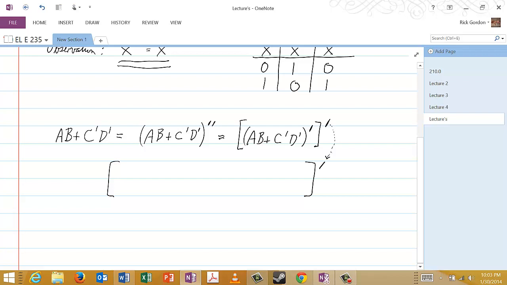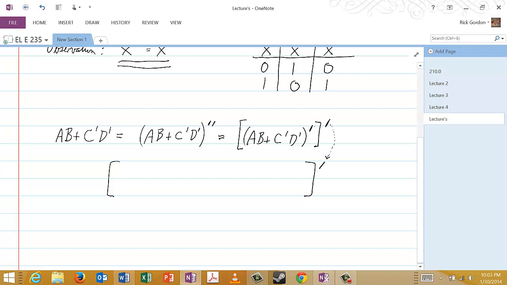But for what's inside the brackets, I'm going to use De Morgan's theorem. Now remember, there are two forms to De Morgan's theorem. One says that the complement of a sum is the product of the individual complements, and the other one says the complement of a product is the sum of the individual complements. Well, in this case, we're dealing with the complement. This dagger mark right here denotes the complement.